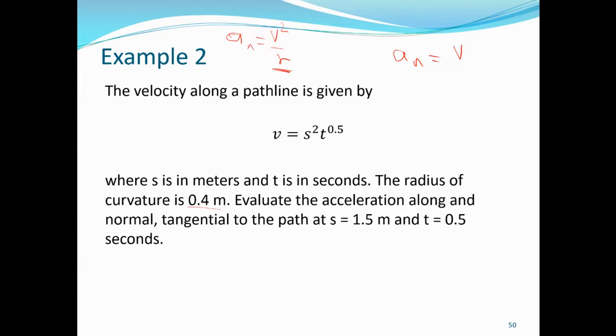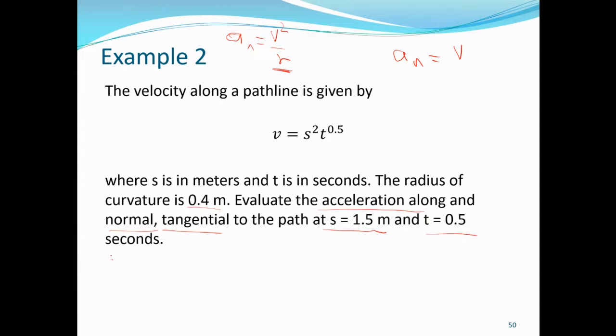This is for the normal acceleration, which is directed towards the center of curvature of the curve. So evaluate the acceleration along the normal and tangential to the path at s equals 1.5 and t equals 0.5 seconds.